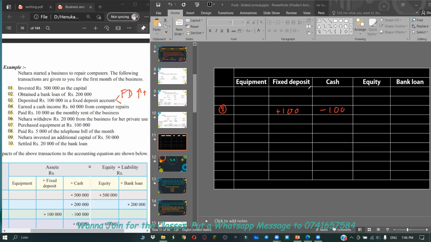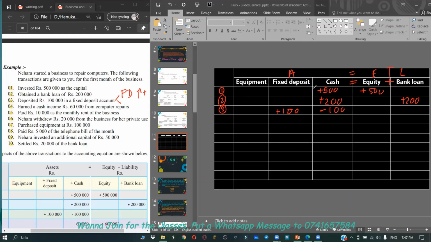Here we invested 500,000 as initial capital, and we also obtained a bank loan, so altogether we had 700,000 in cash. Now we have only 600,000. Do you see how every transaction balances the equation, assets equals equity plus liability?